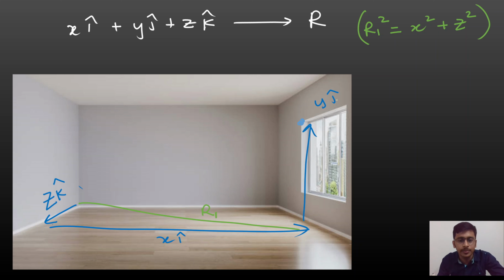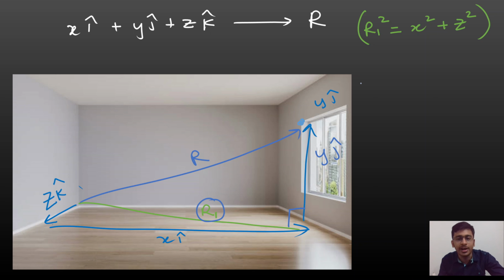From Pythagoras theorem. And after we reach this point, it also forms another right angle triangle from the origin to this point, which is this right angle triangle. The base is R1 and the perpendicular is y j cap. And this is what we want, R.